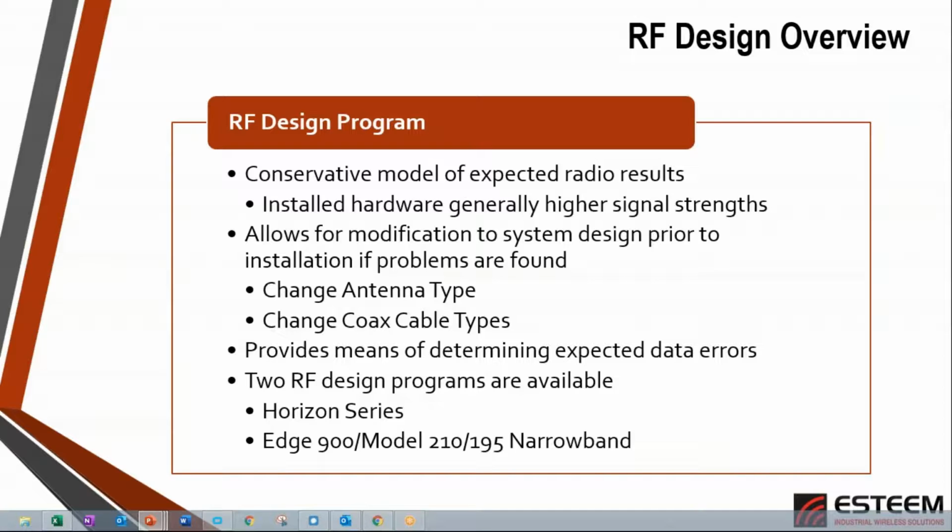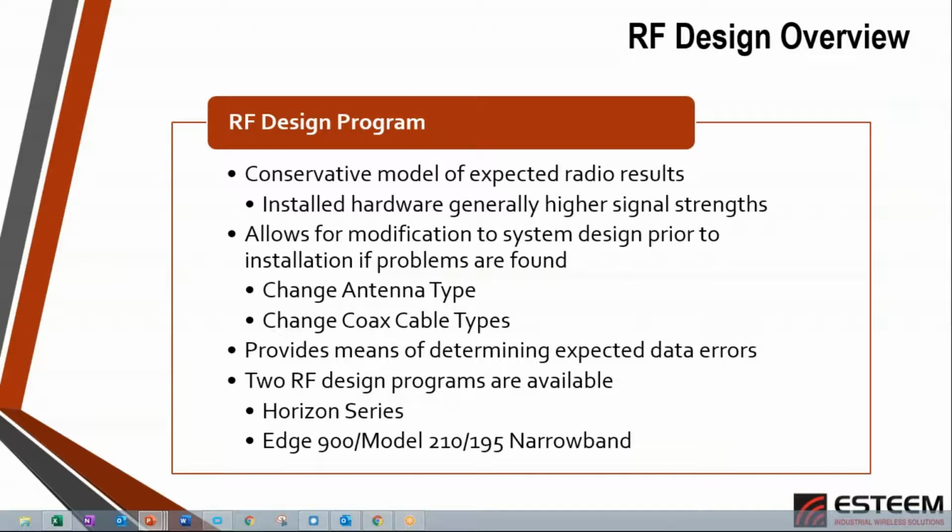So what this RF design program does is it gives us a means of determining what we can expect as far as those number of data errors. Okay? We actually do have two different RF design programs available. The reason for that is the Horizon series of radios that we manufacture has a variable data rate, based upon the received signal strength, and the hardware that's put into those.